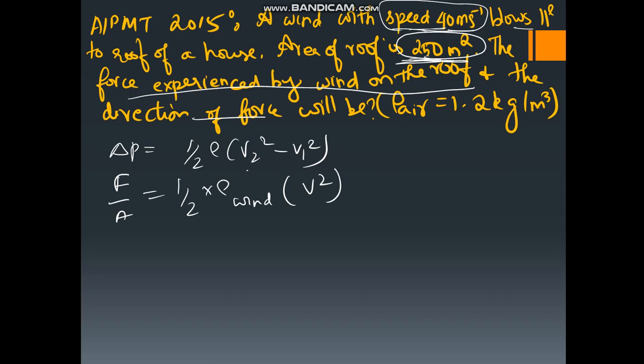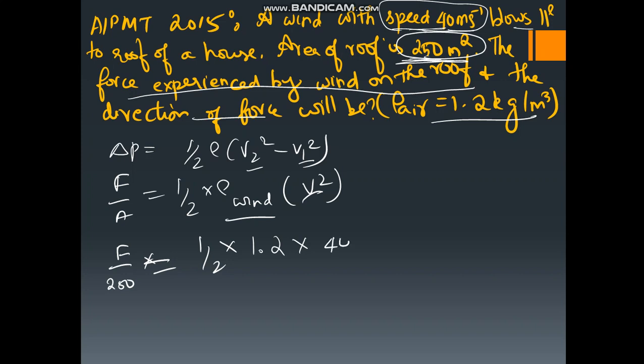If two speeds are given, you can substitute both speeds. Force divided by area 250 meters square is equal to 1 by 2 into density of wind, given as 1.2 kg per meter cube, into velocity 40 the whole square. If you calculate, the force comes out to be 4.8 into 10 power 5.